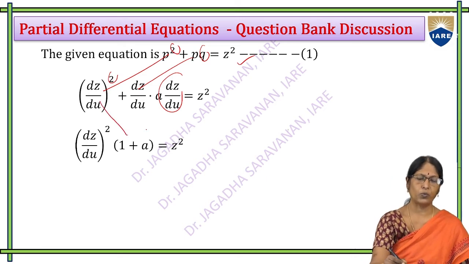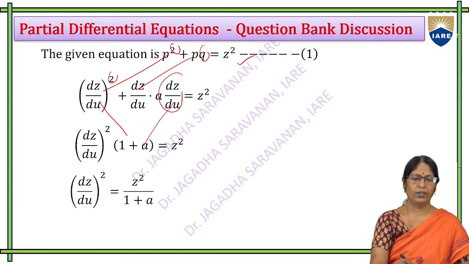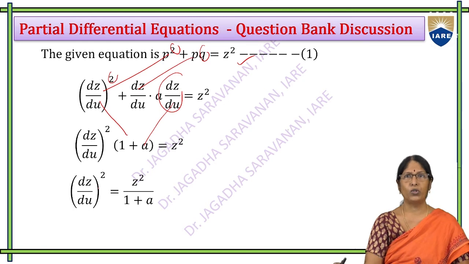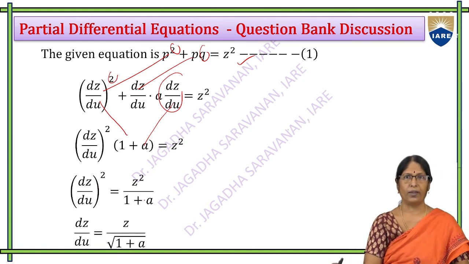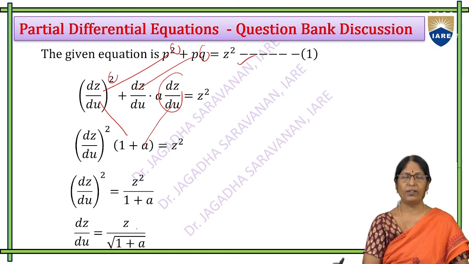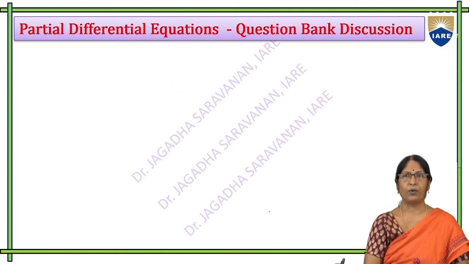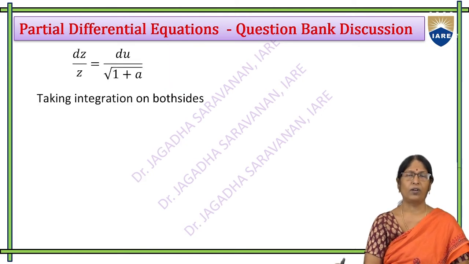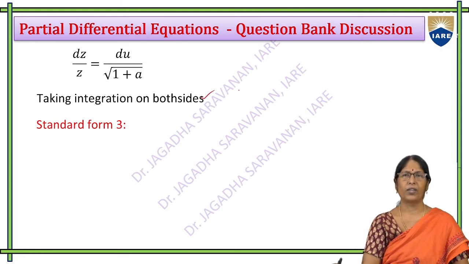Here the leftover is 1, here the leftover is A. So dz by du the whole square is equal to z square by 1 plus A. So we find dz by du. Then we separate the variables, z on one side and u on the other side, do the integration on both sides, and we will obtain the result.